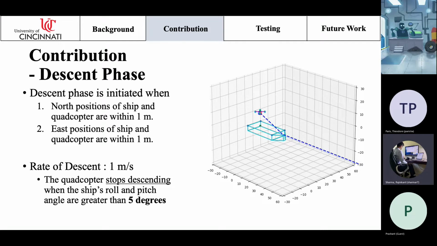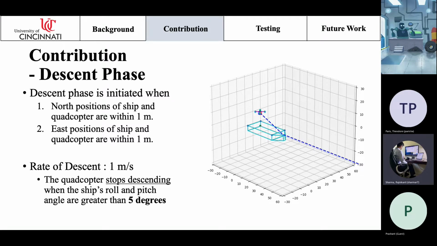Once that condition is met, our quadcopter will start descending with a rate of 1 meter per second. 1 meter per second is a good rate of descent, so it will prevent the quadcopter from crashing down or moving too slowly.